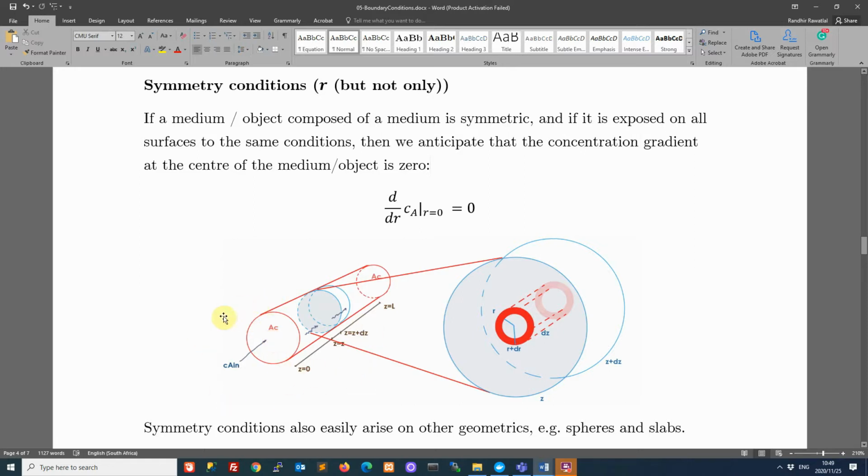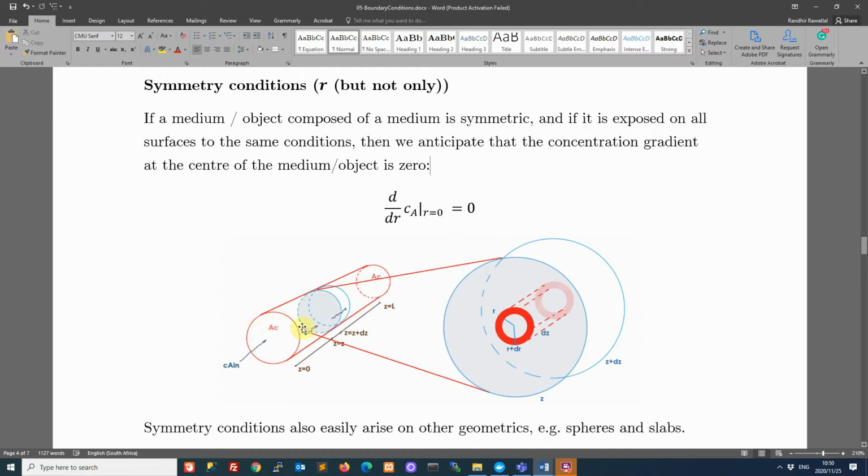So if we imagine that the tube here is immersed in some fluid, and that fluid is attacking the pipeline from all directions. Like in the previous case study where we had possibly a permeable wall, then we have the same concentration on the outer rim of the wall.